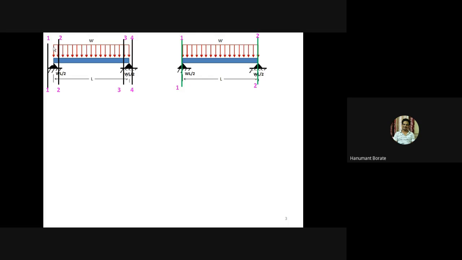Okay, so here we have taken 2 sections, and at the extreme end there is also a vertical load and the end of UDL, right? So for the vertical load, as per the rule, we need to take 2 sections, just left of the vertical load and just right of the vertical load. So here also we'll take 2 sections.